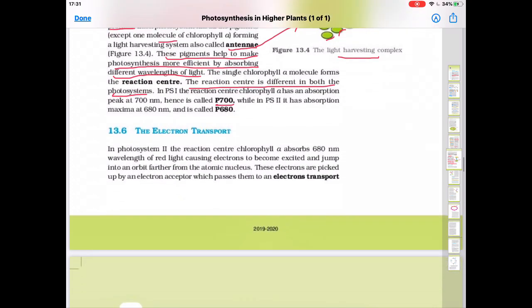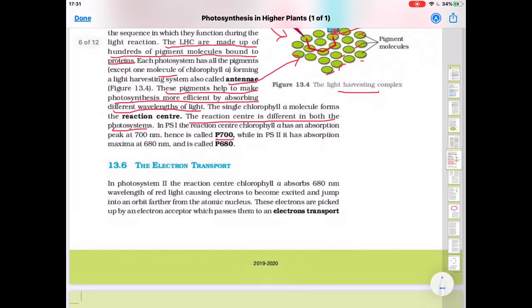The electron transport in photosystem 2: the reaction center chlorophyll A absorbs 680 nanometer wavelength of red light. When that chlorophyll molecule absorbs the wavelength of 680 nanometers, the electron becomes excited and jumps into an orbit farther from the atomic nucleus.